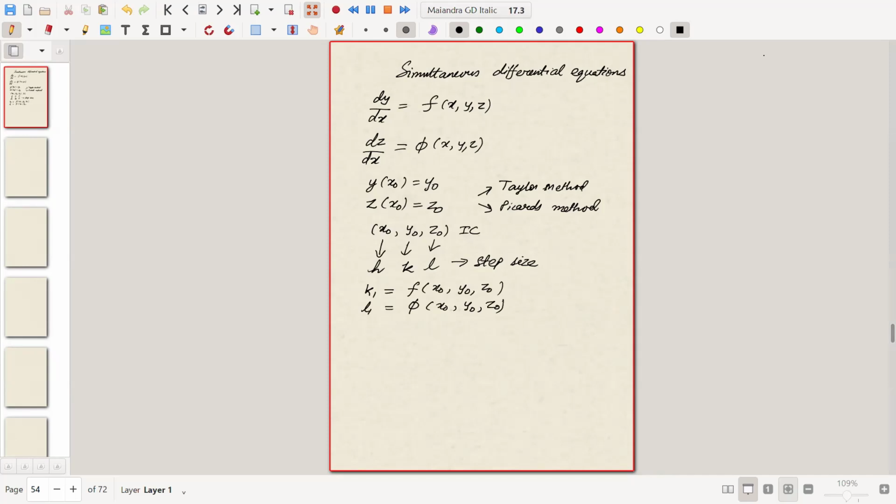Is it intuitive? Yes. What should be K2? x naught plus h over 2, comma, y naught plus k over 2, z naught plus, it's intuitive. But there is a mistake, right?